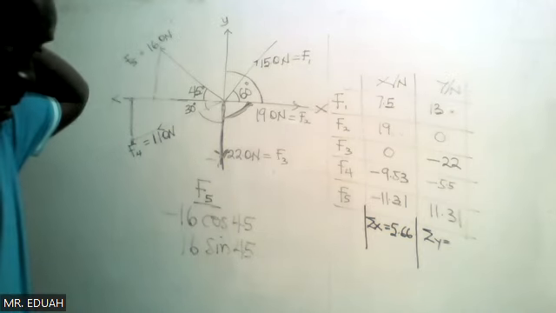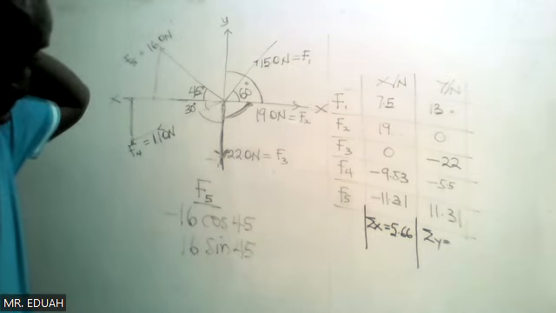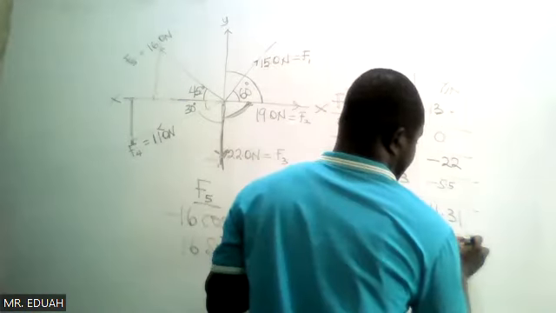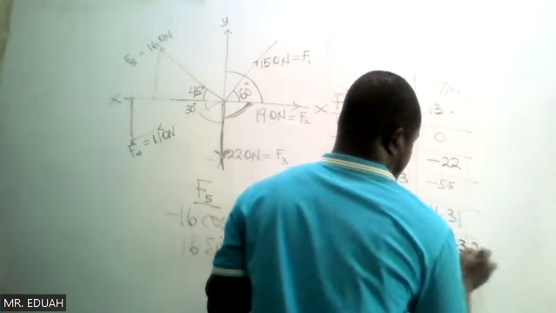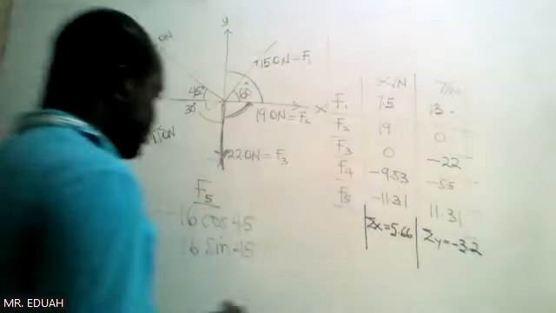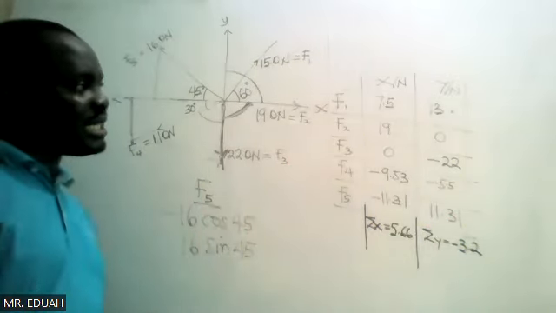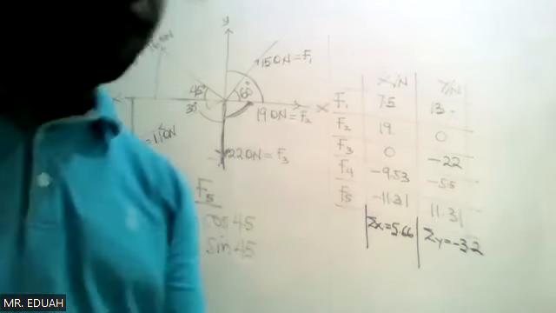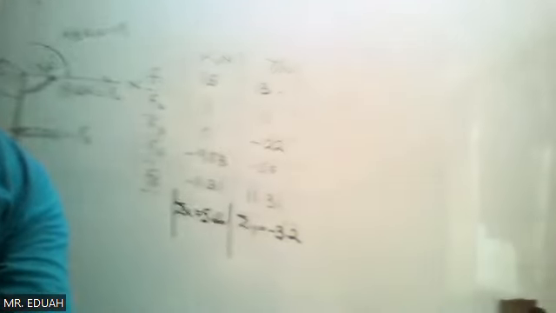What did we get? Negative 3.2. Thank you.